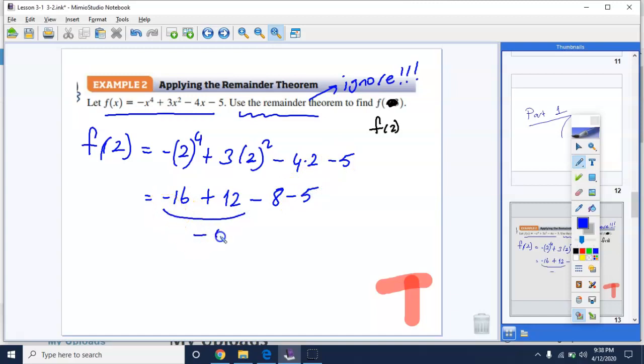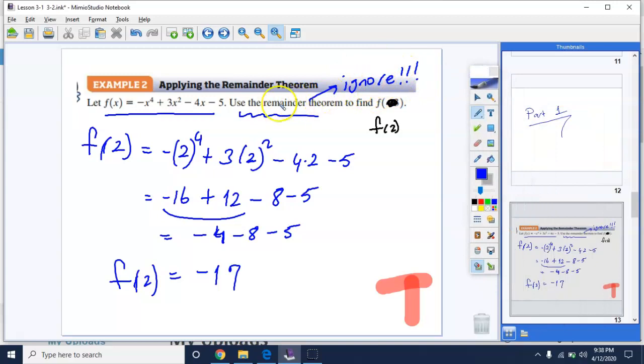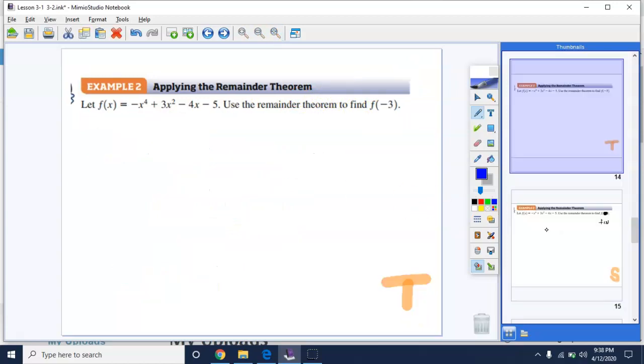So negative 4 minus 8 minus 5, so f(2) should be equal to negative 17, everyone. We're just going to ignore the remainder theorem part, it's just super long. Just take the shortcut to find f(2), plug in there. That's all we do.